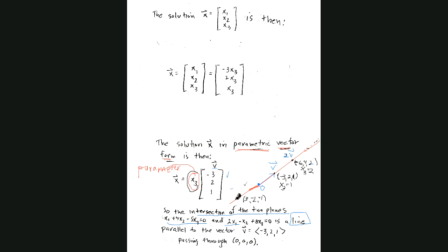Instead of v, I could have just 1v over there, and this is -1v. So for -1v, what's the value of the parameter? What's x3 going to equal? That's right, Solomon. x3 equals -1.